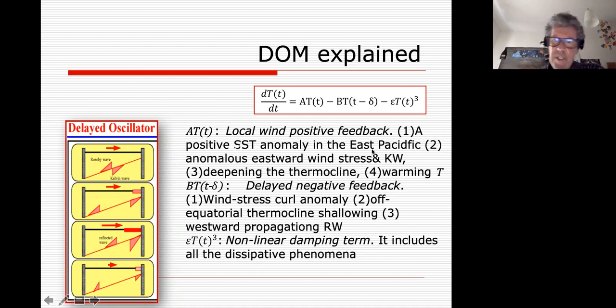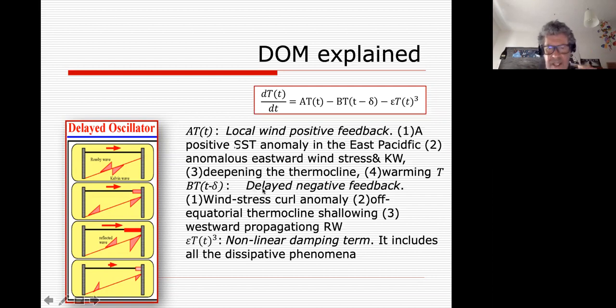which is connected to the changes in eastward wind stress, Kelvin waves, as we told you, and deepening thermocline, warming. This is essentially the positive wind feedback due to the Walker-Bjerknes mechanism that we discussed earlier.